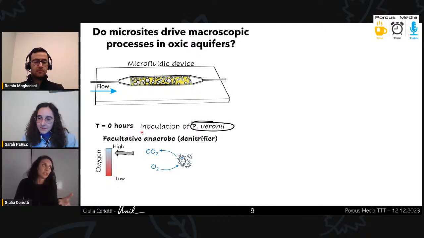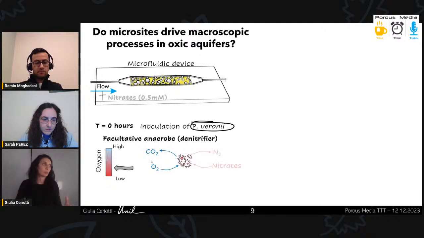Well, with some modification. Instead of using an anaerobic strain, I'm using this new strain called Pseudomonas veronii, which is a facultative anaerobe. This means that when oxygen is present, veronii performs aerobic respiration. However, when oxygen is no longer present, Pseudomonas veronii has a flexible lifestyle, so it can switch to the use of nitrates as a source of energy and can still thrive.